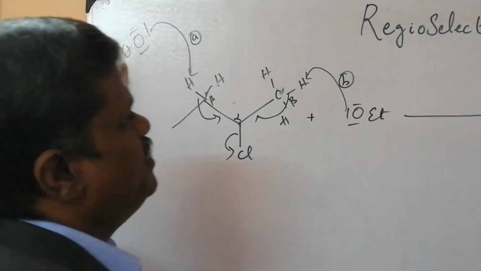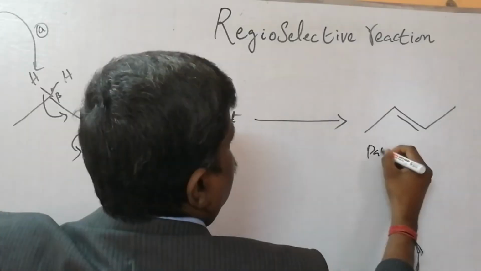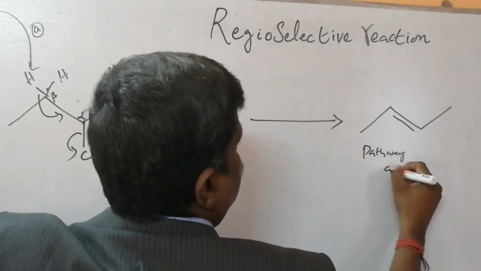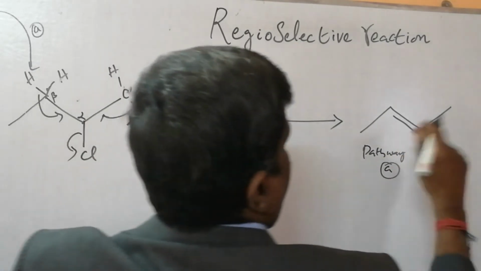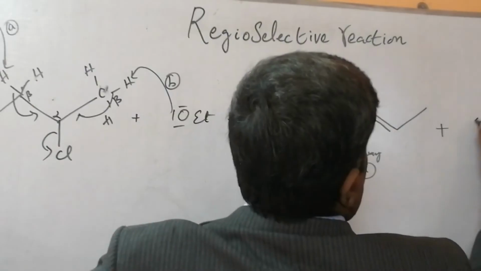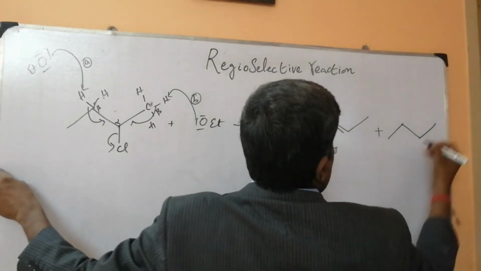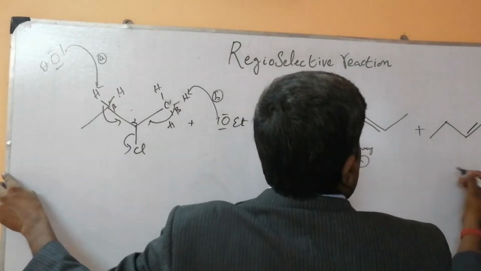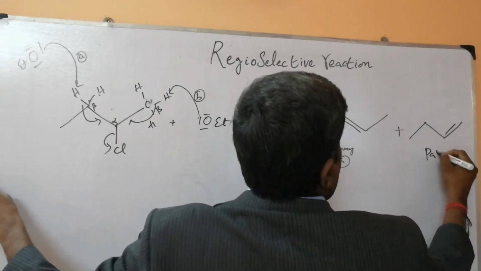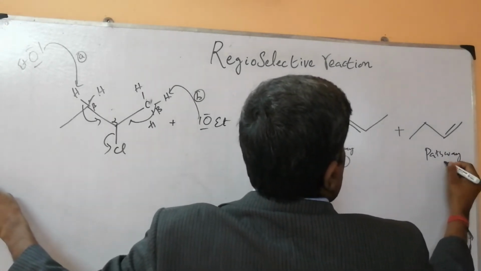Pathway A gives this product, and this is the pathway B product.